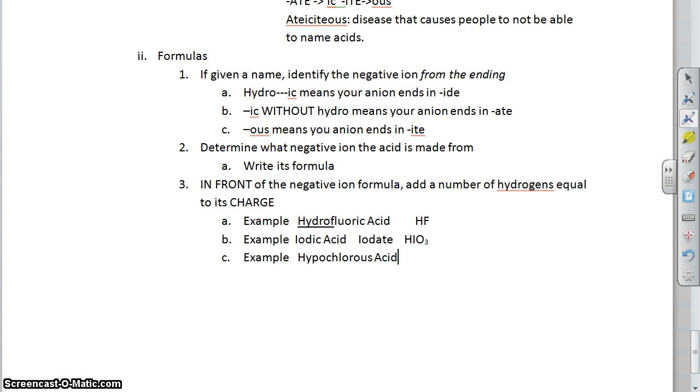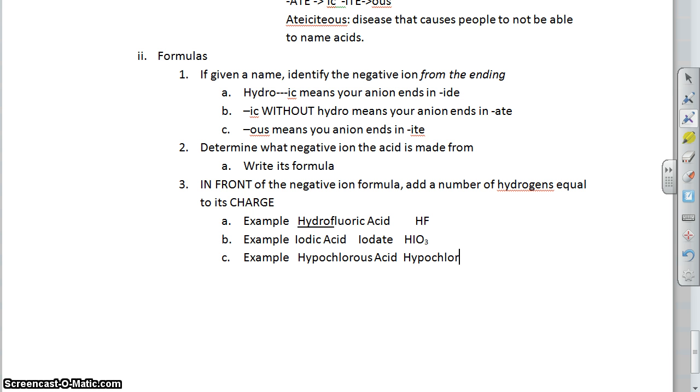Finally, one last example we can do, how about hypochlorous acid? So hypochlorous. Now this is tricky. A lot of people see that hypo and they read it as hydro. They're different things. Hypo is not hydro, so this is not an ide ion. What we do is we look at the ending here, and we see that ending is ous, so it must be an ite. So their stem now is hypochlor.